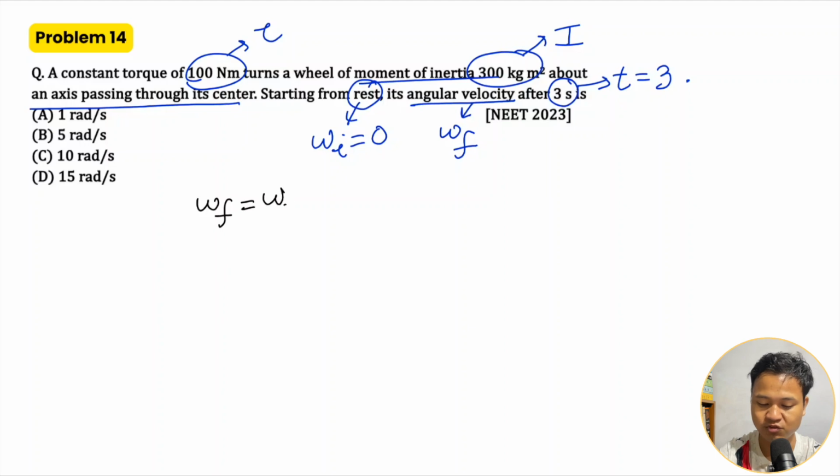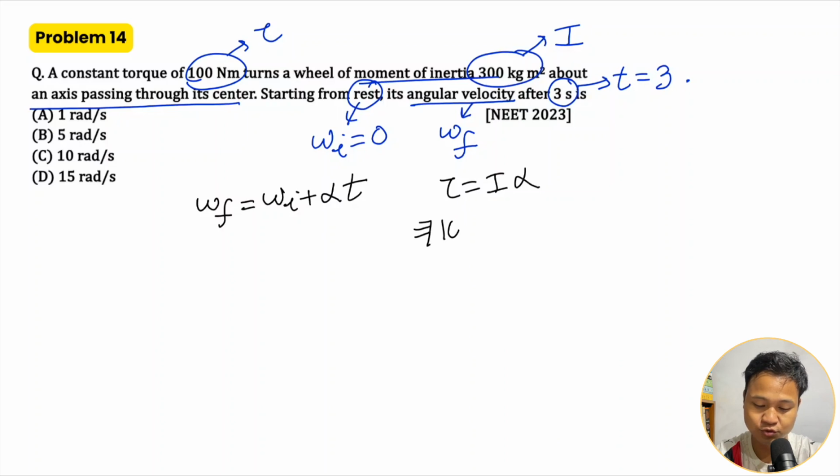You can use the formula omega final equals omega initial plus alpha into t. We need alpha first, so torque equals I into alpha. Putting the values, torque is 100, moment of inertia is 300 into alpha.